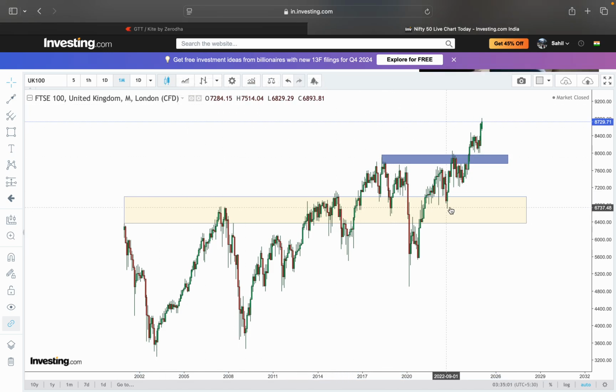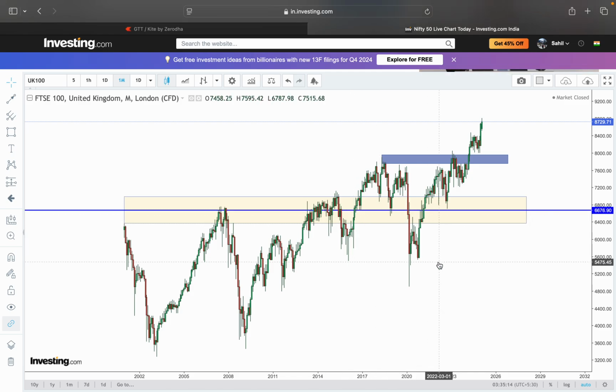So this range that we are seeing is a level of say 6300 on an average. So the high of this is say 7000, the low of this is approximately 6300, so I'll say maybe 6500 at the index level. I'll just draw this line here, which was in question all the way from 2007 till maybe 2021, which is the COVID recovery.